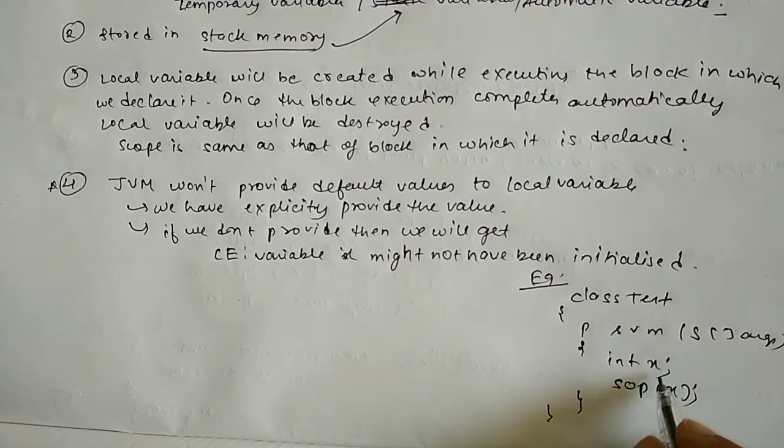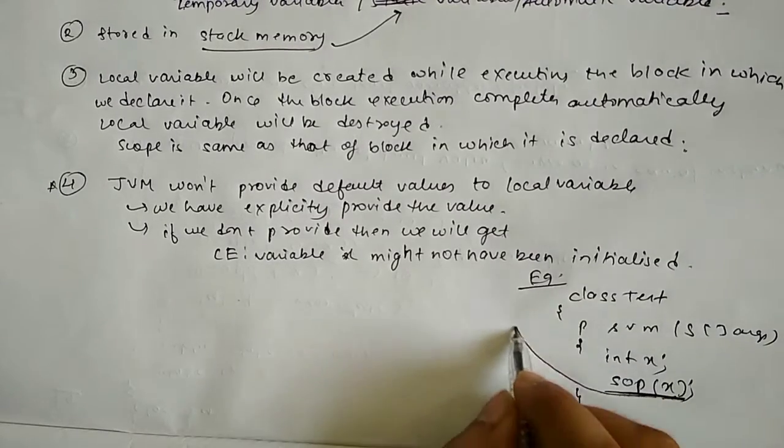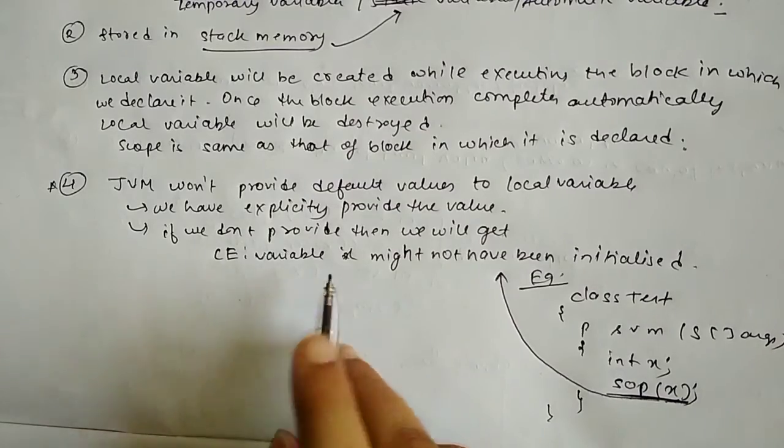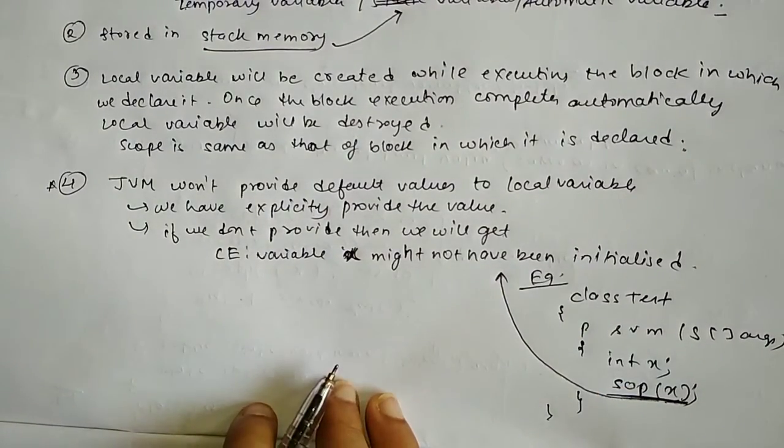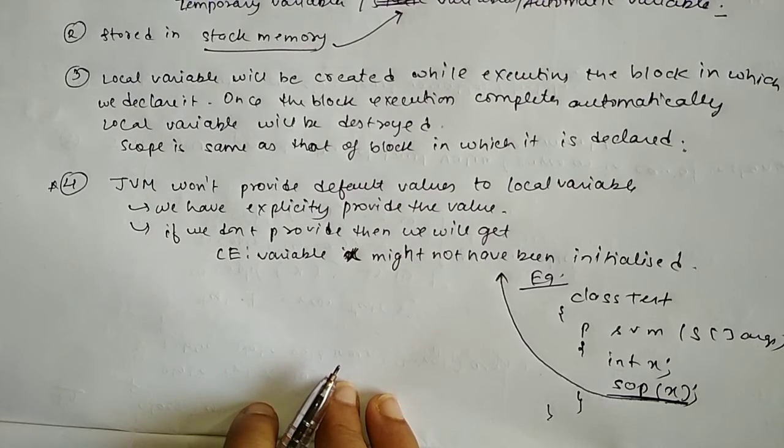Here we have not initialized the local variable, so we will get a compile time error stating that variable x might not have been initialized.